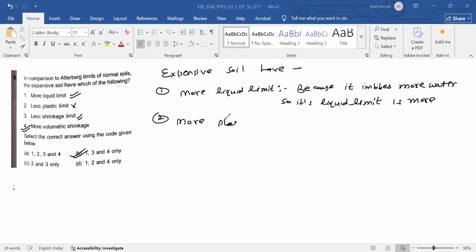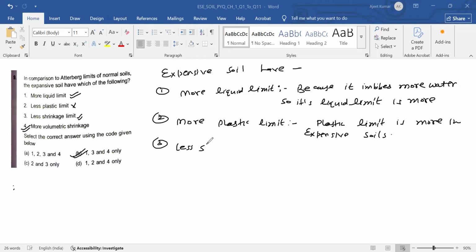So plastic limit is more in expansive soils. Third is less shrinkage limit.